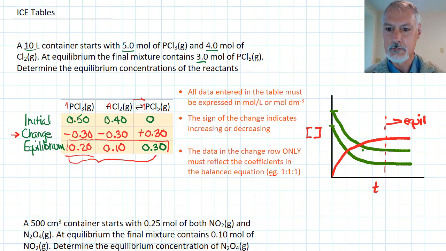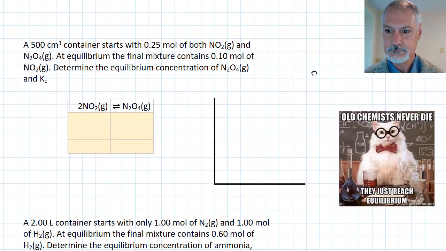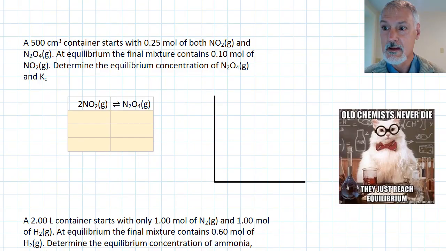Let's take a look at another problem. Again, I begin with identifying the initial, the change, and the equilibrium amounts. This time I have a half decimeter cube container, and I have my amounts. So 0.25 of both of these species.